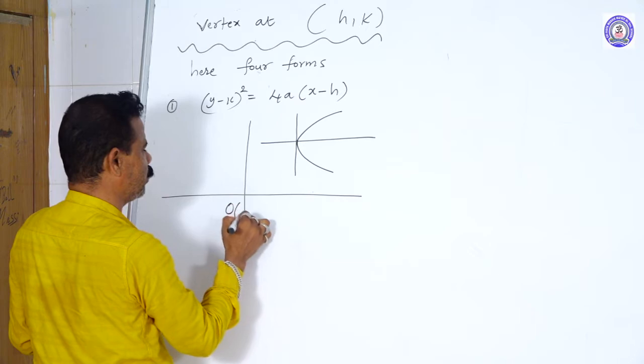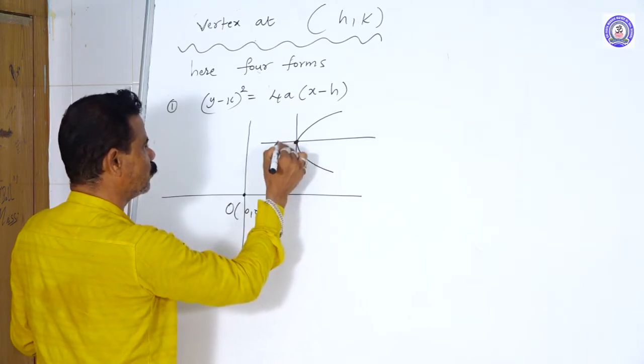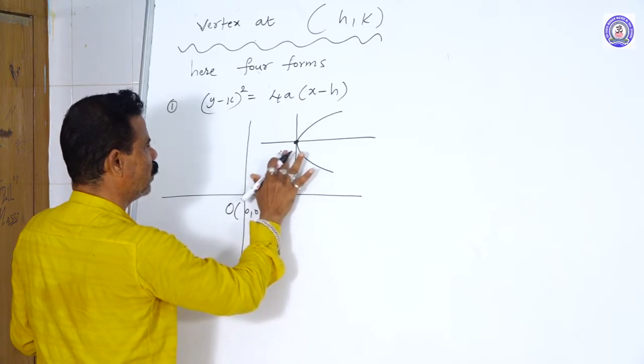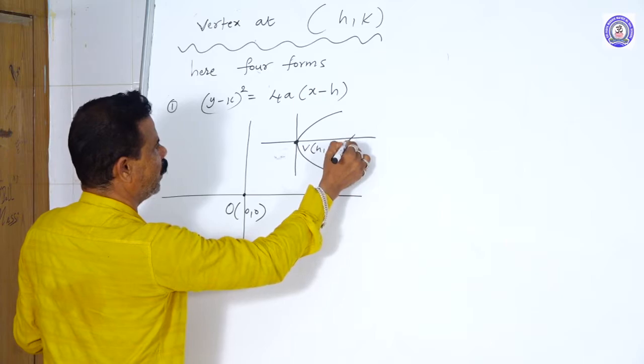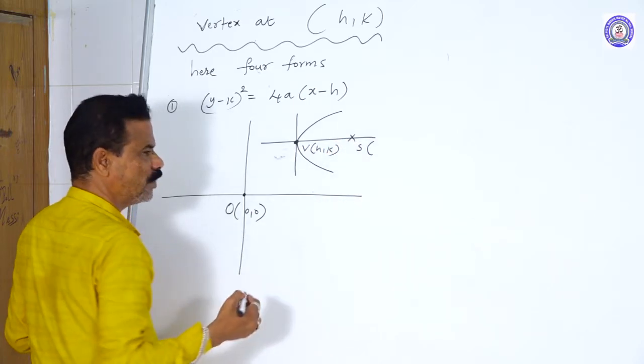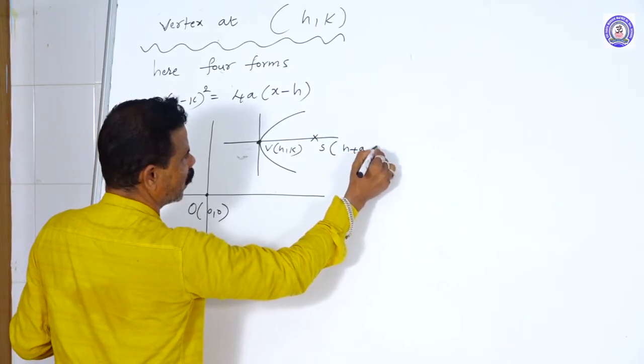So here is the origin 0 comma 0. This point is shifted to here. This is the vertex h comma k. Here S changes its coordinates to h plus a comma k.